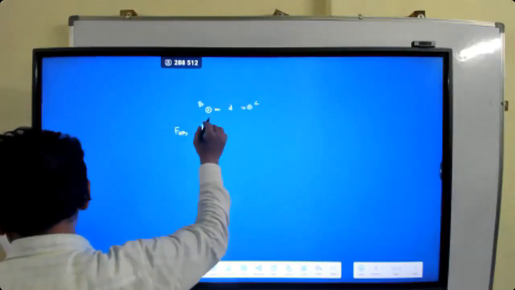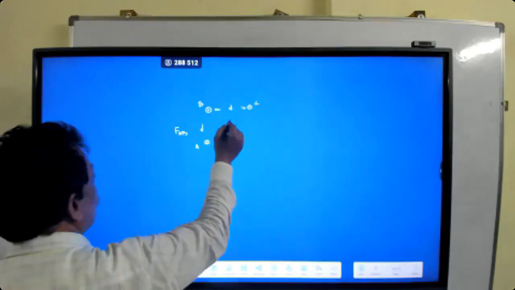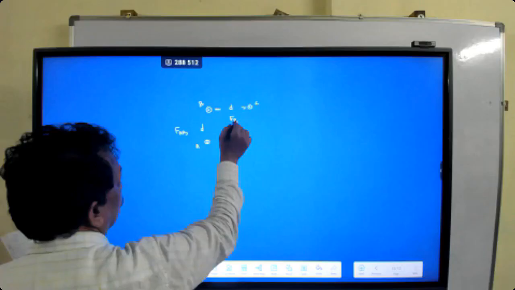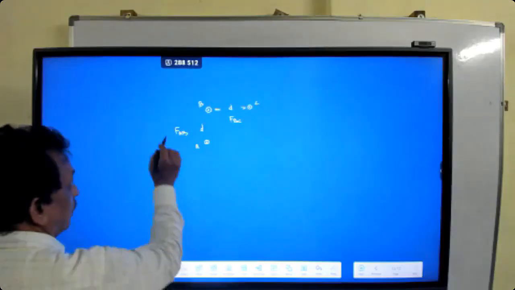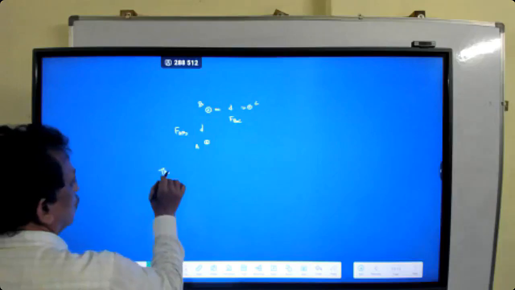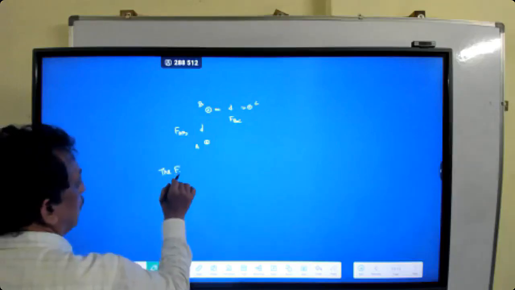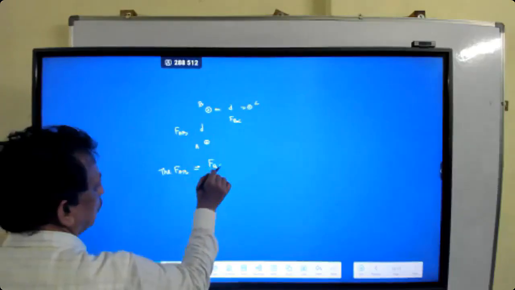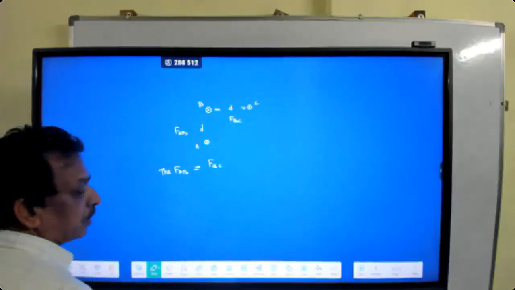All the forces are repulsive. The force between AB is equal to the force between BC, same current, same direction.